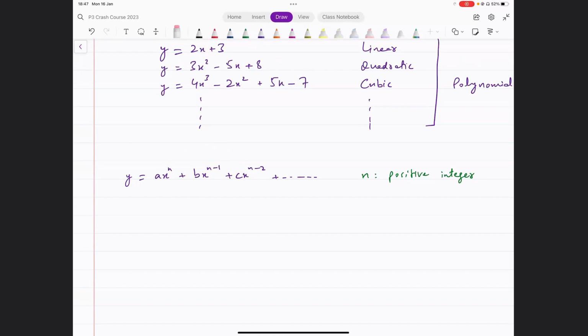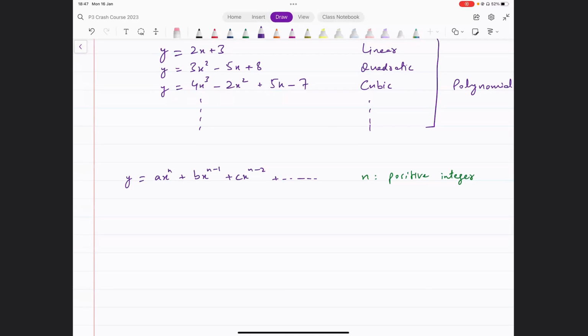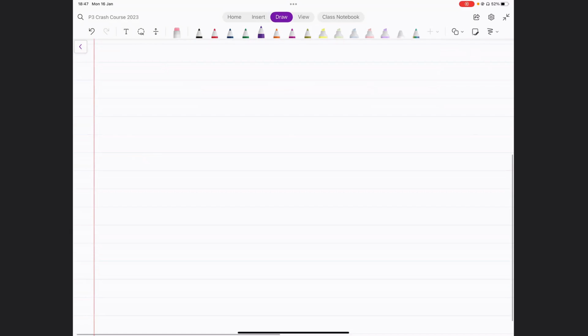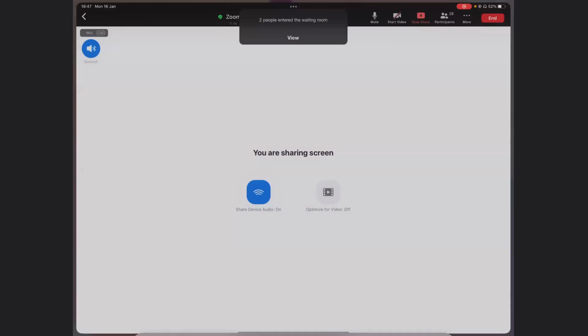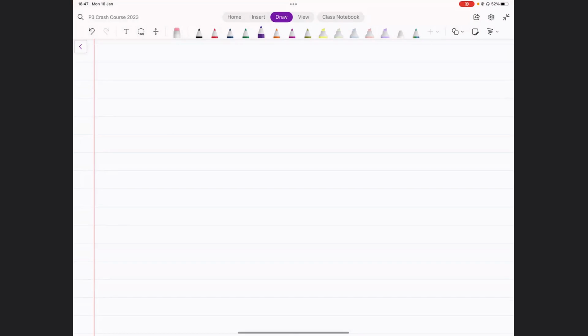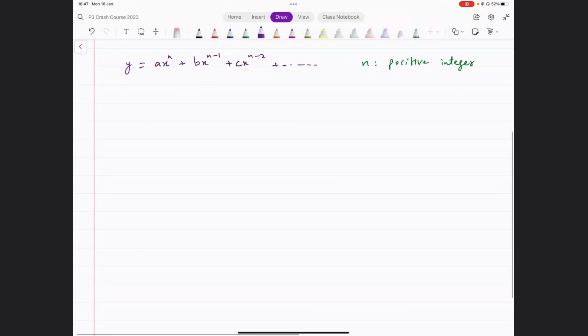All right. So this is what we're going to study in this topic: linear, quadratic, cubic, quartic, and maybe higher powers functions like these. Okay. So that's what this topic is about. Now, the first thing that we want to do here is understand how to divide polynomials, how to divide one polynomial by another polynomial.